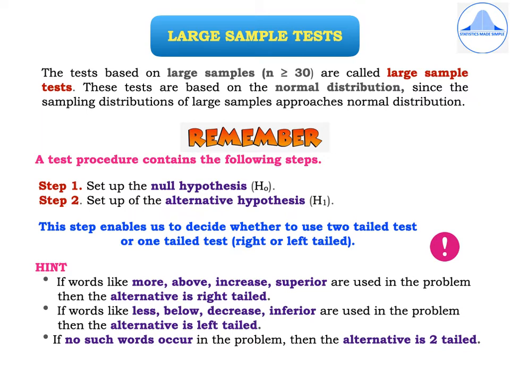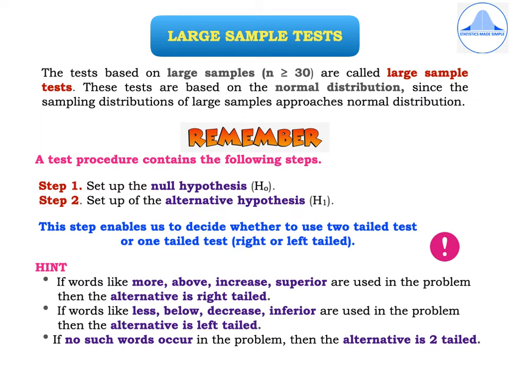Now, how will we know which alternative hypothesis to use? We are aware that there are three types of alternative hypothesis, that is a two-tailed alternative, then we have the right-tailed alternative and left-tailed alternatives.